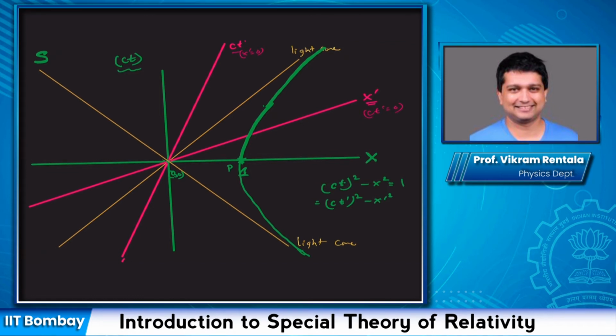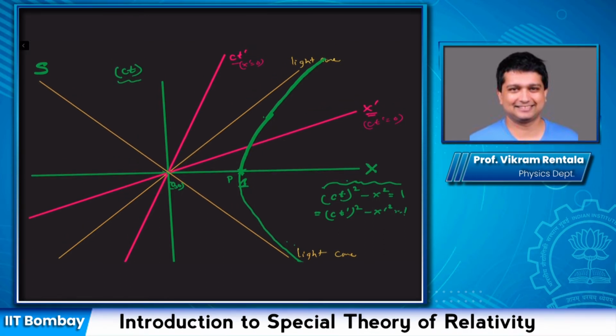All points on this hyperbola satisfy this equation according to observer S, and they satisfy this equation here for observer S prime.